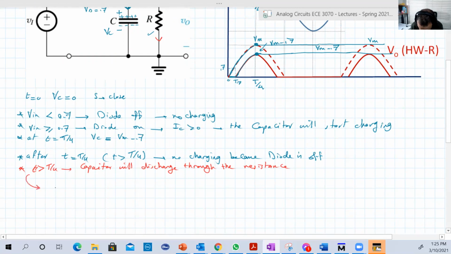So Q, the charge of the capacitor, will decrease. And since VC, the voltage of the capacitor, is equal to Q over the capacitance, which is constant, and Q is decreasing, VC will decrease as well.